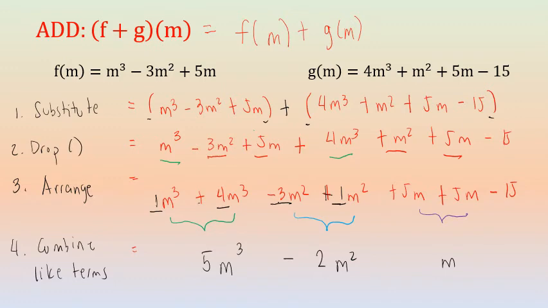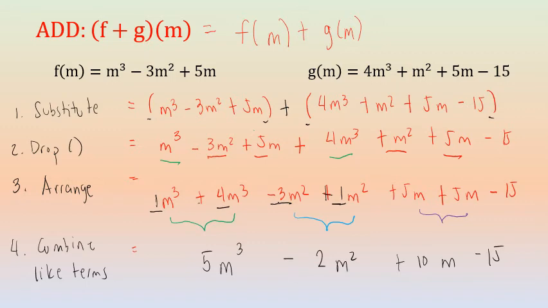Okay? Then 5m, copy the base, exponent niya. So meron 1 yan dyan class. 5 plus 5 will give us positive 10. Then we are just to copy the constant since wala naman siyang number. So negative 15. Our final answer in adding f plus g of m with the following functions given.